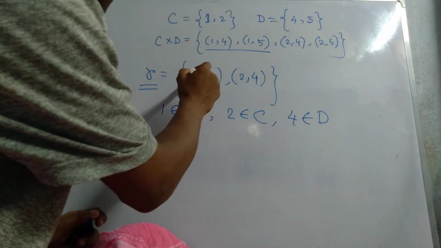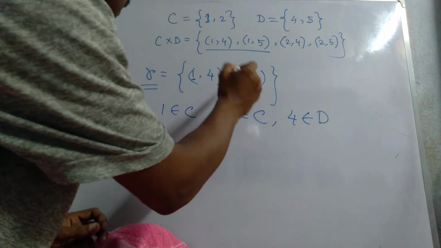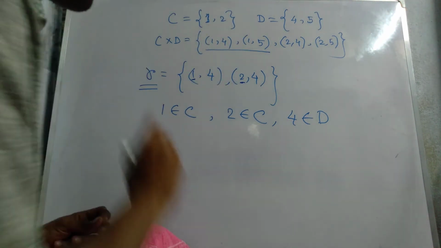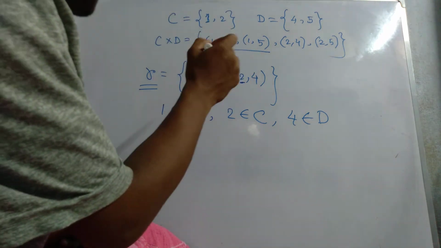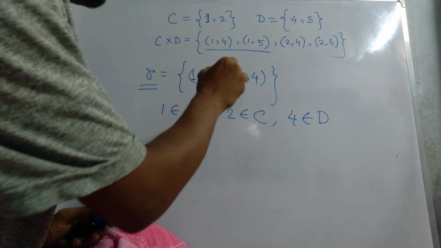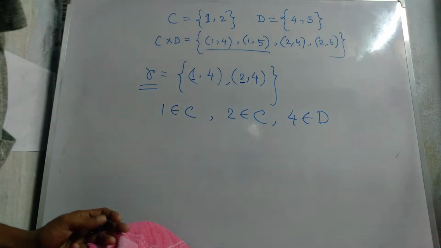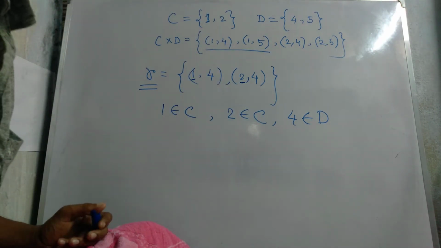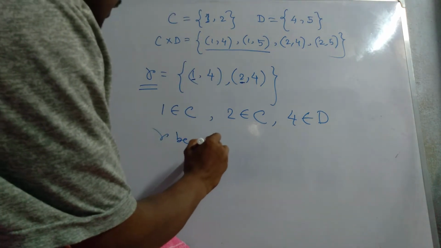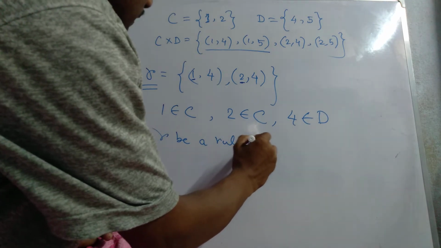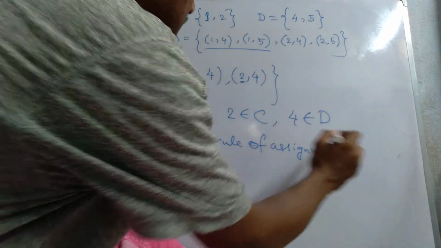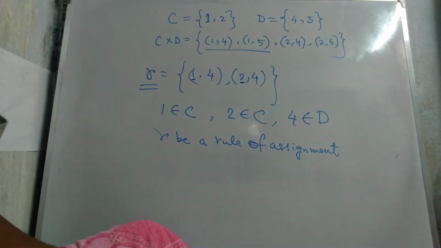But here the first coordinates of the ordered pairs of R are different. If they were the same, then the second must be the same, because that is the rule of assignment definition. So R is a rule of assignment, and we understand by a simple example.